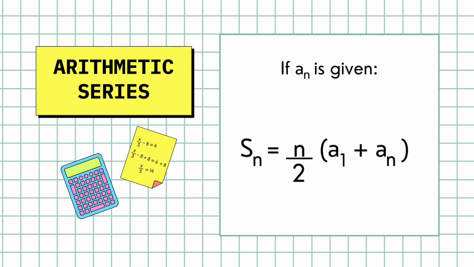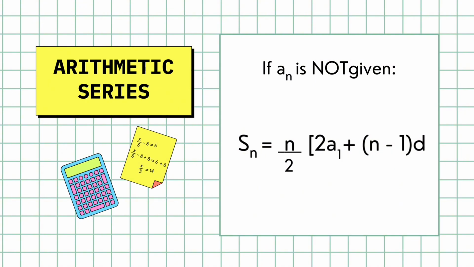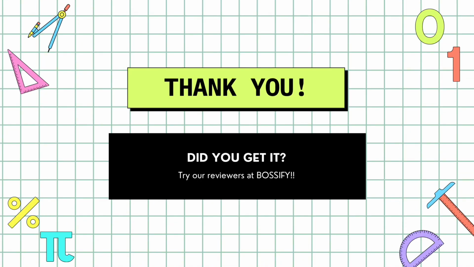We have 2 formulas. If a sub n is given, here is our formula. And if a sub n is not given, this is our formula, which is basically an expanded form of the nth term formula. Lastly, an arithmetic mean is basically the average of all the terms in between any 2 terms.